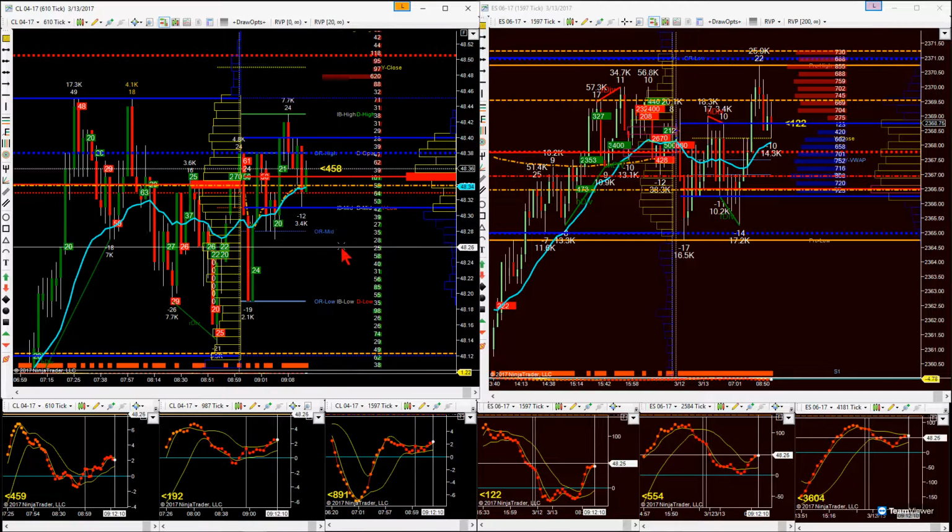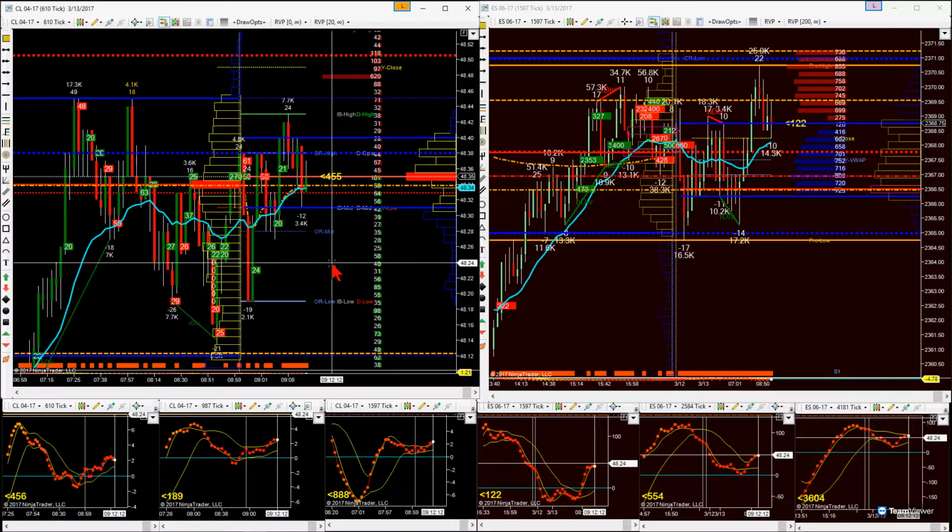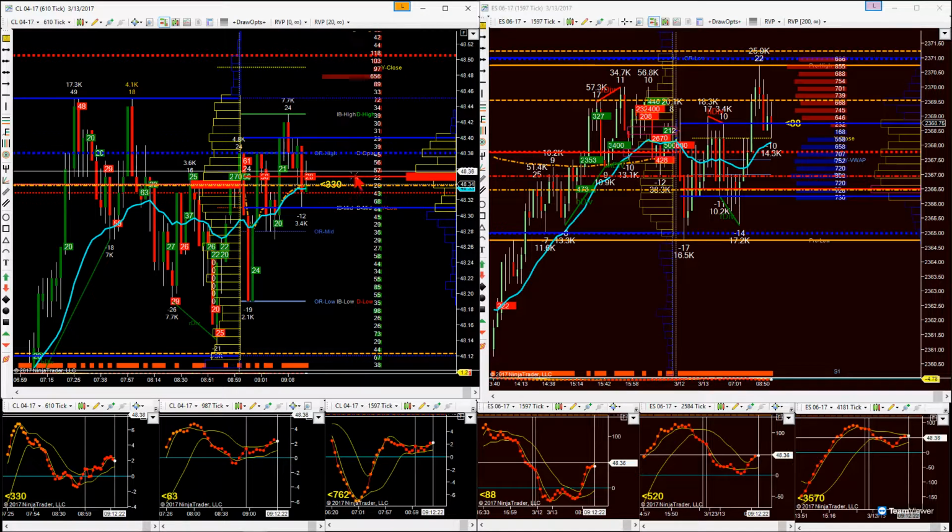Last time we saw that happen, we saw them drive price a little. Let's see what happens when they touch it right there. So a couple contracts went away, but it's back up to 110. Gone.